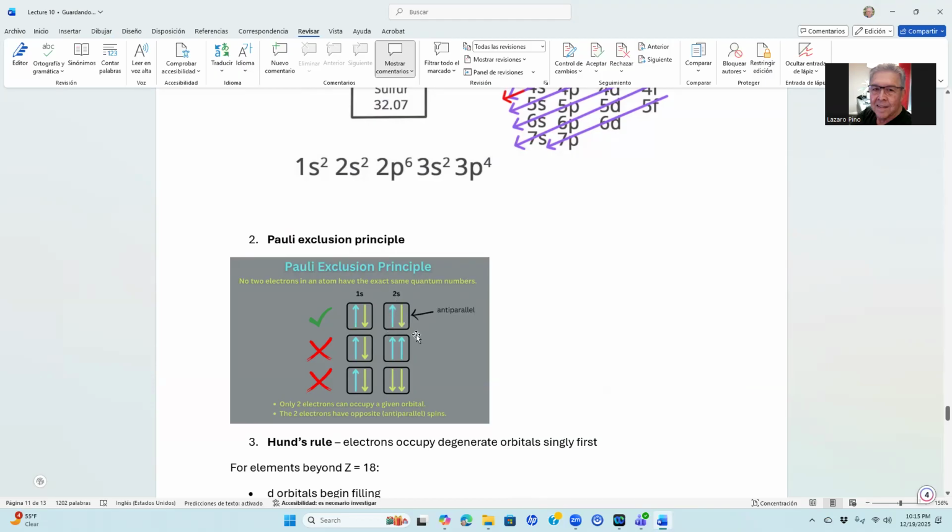But if they are spinning in opposite directions, this repulsion is very low.